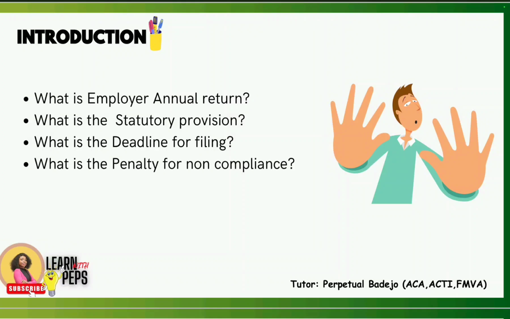Now, the deadline for the Form H1, the annual employer return, is the 31st of January of the next year. So the employer annual returns for 2023 should be filed on or before the 31st of January 2024. And if you fail to file it on or before 31st of January 2024, you're going to amass a penalty for yourself. You amass a penalty of 500,000 naira if you are an employer.